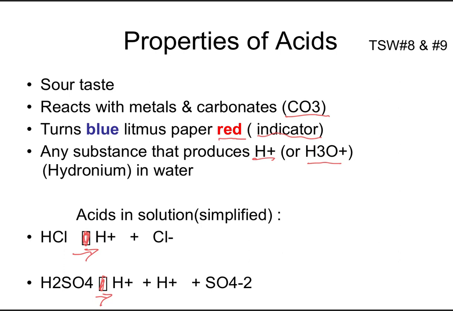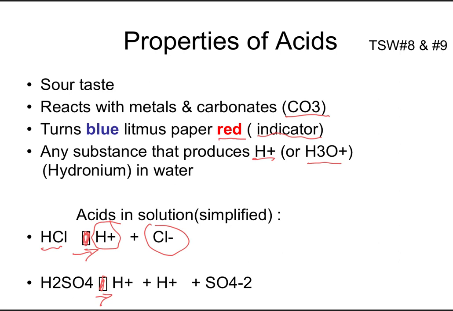So acids in solution, this is a very simplified version. If you take an acid like hydrochloric acid and you put it in a solution of water, it's going to break apart, decompose into hydrogen ion and chlorine ions in the solution. It's going to dissolve. It's going to give off a lot of heat too.